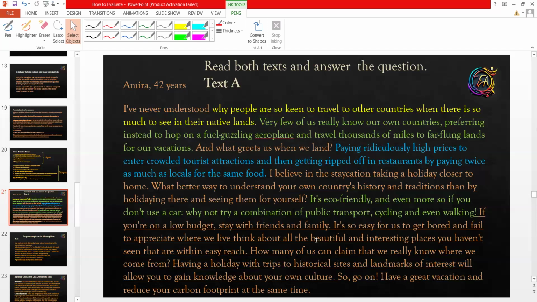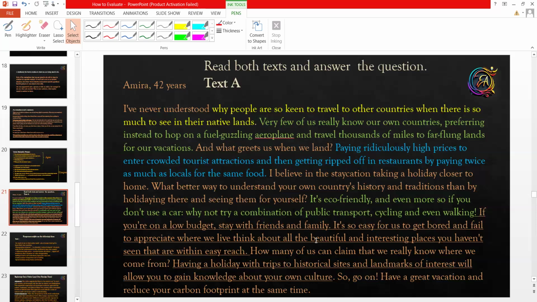I believe in the staycation, taking a holiday closer to home. What better way to understand your own country's history and tradition than by holidaying there and seeing them for yourself? It's eco-friendly. And even more so, if you don't use a car, why not try a combination of public transport, cycling, and even walking? If you are on a low budget, stay with friends and family.